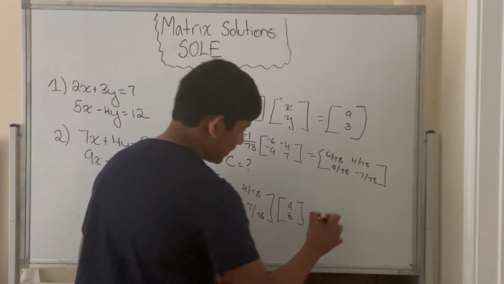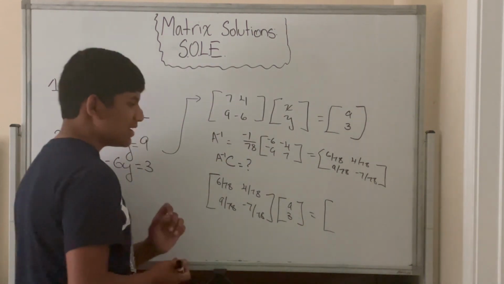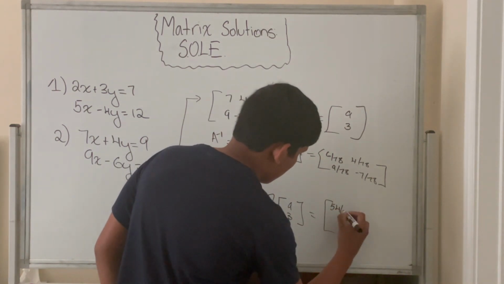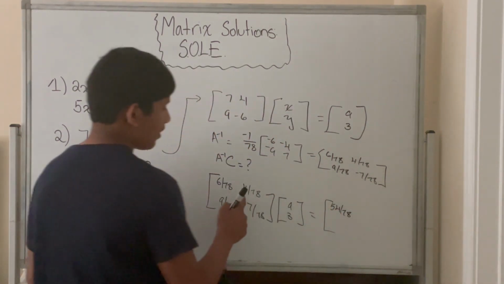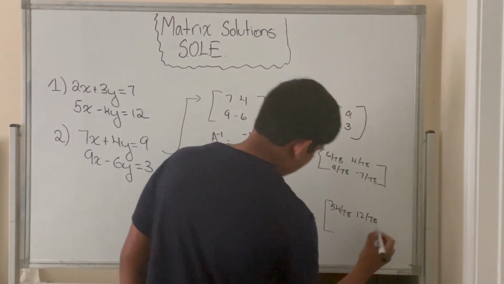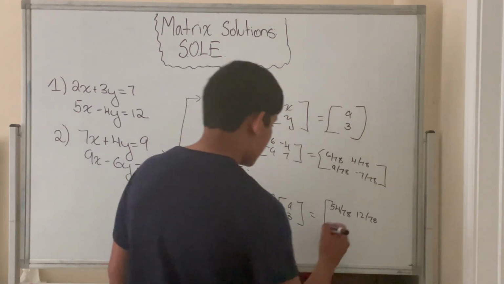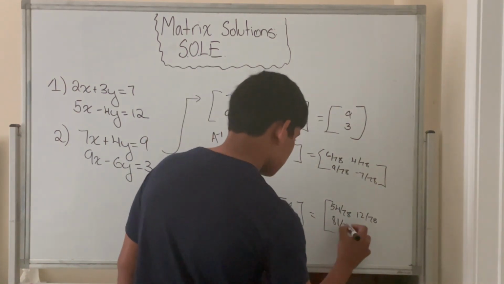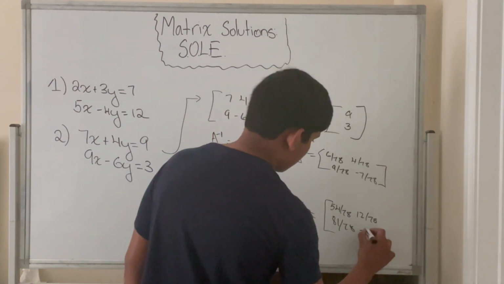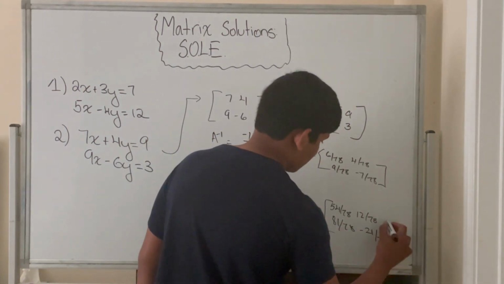So this is going to be equivalent to 6 times 9, which is, 9 times 6 is 54 over 78. 4 times 3 is 12 over 78. 9 times 9 is 81 over 78. And negative 7 times 3 is negative 21 over 78.